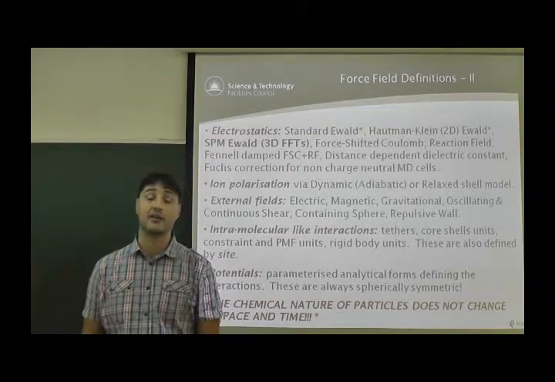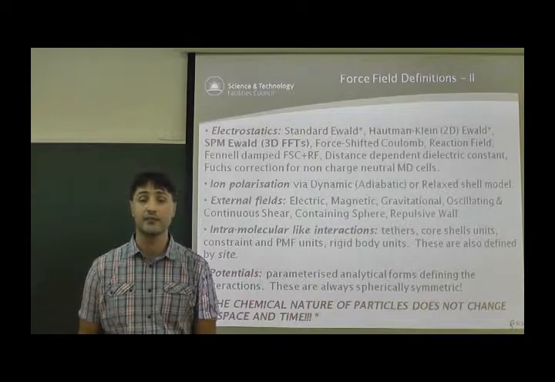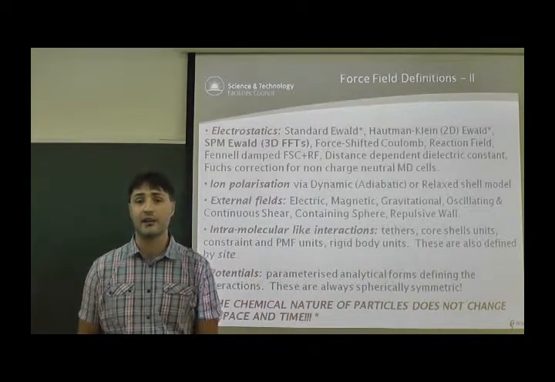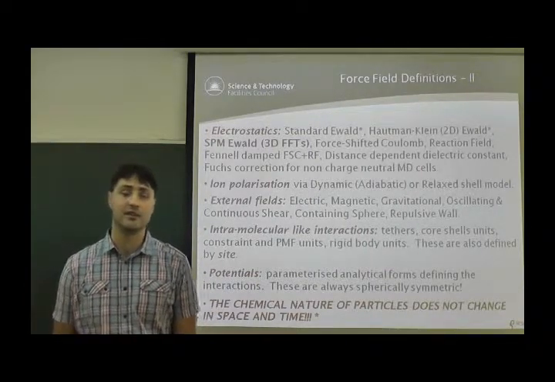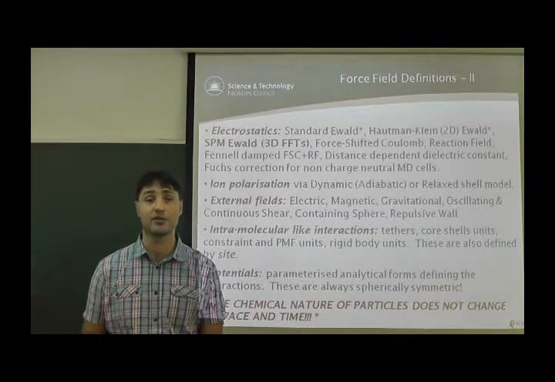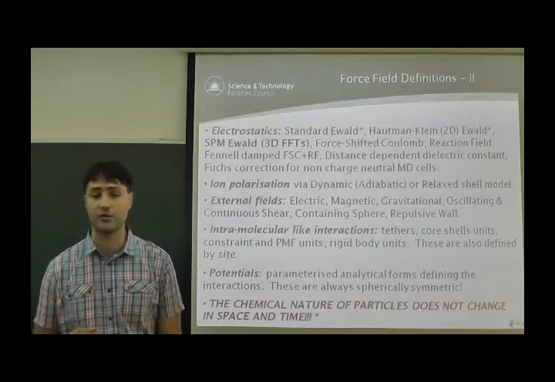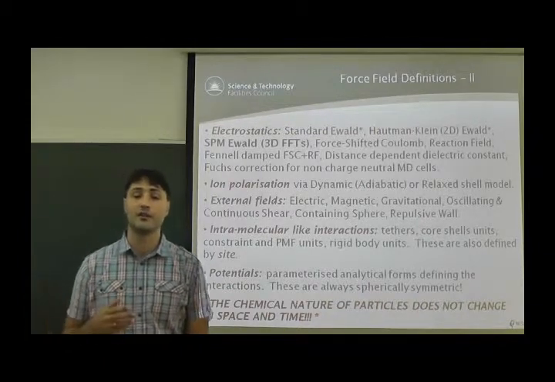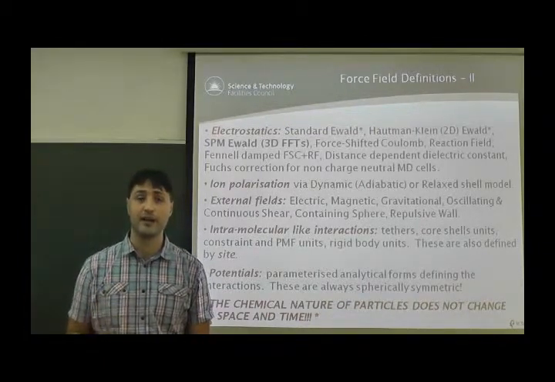We also have ion polarization, as I mentioned 2 slides earlier. This can be solved either by a dynamic or relaxed shell model. The difference is in the dynamic shell model, the shells are moved according to the Newtonian equations of motion. They have to have some mass, which has to be a very small fraction of the mass of the full ion.